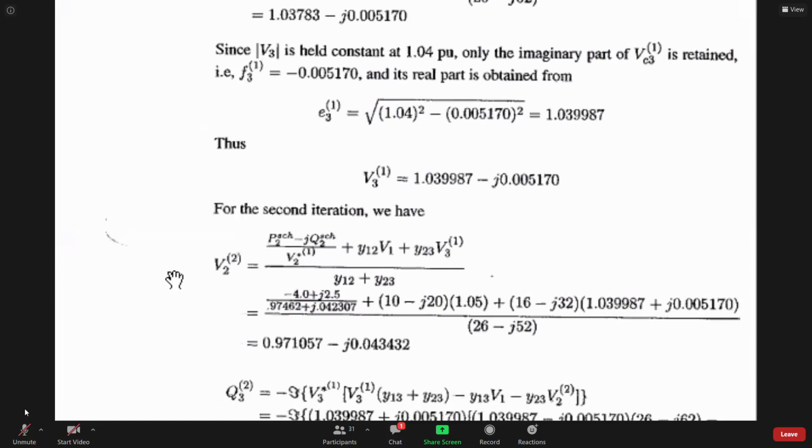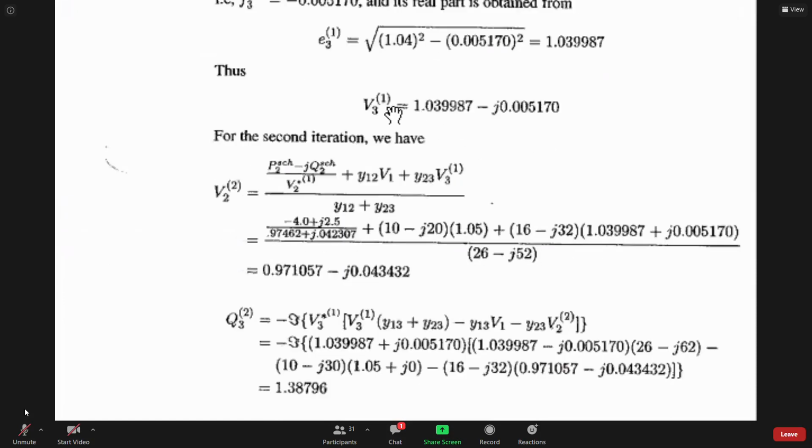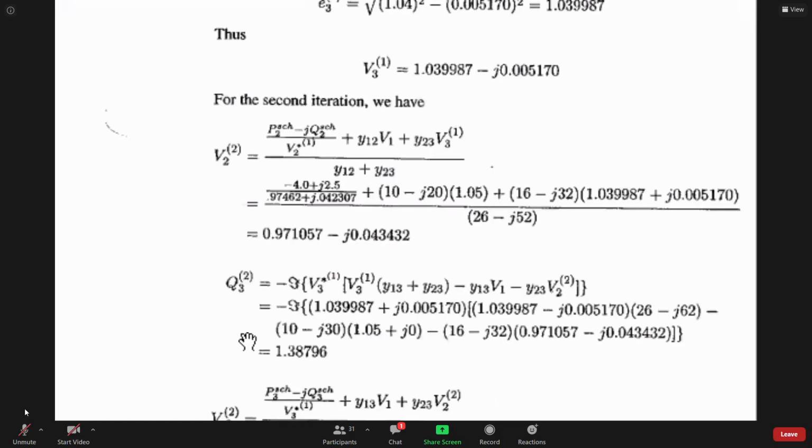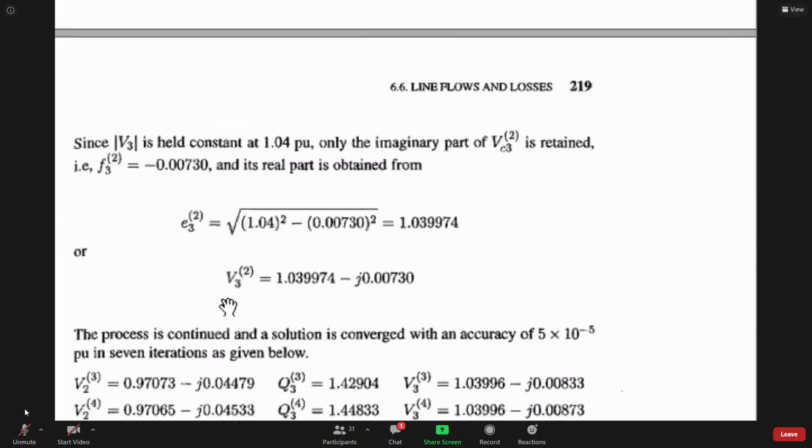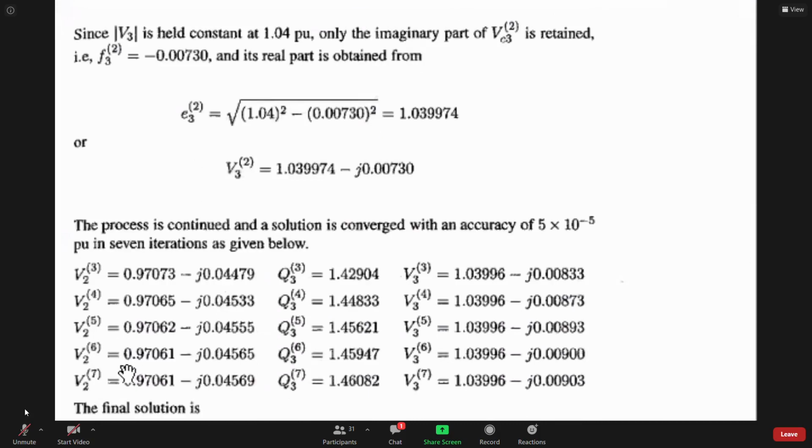So for the second iteration, you can use the result of the first iteration. In the second iteration we get V2 using that iterative procedure, and after 7 iterations we can reach the result. Sir, the iteration part is very difficult for us.